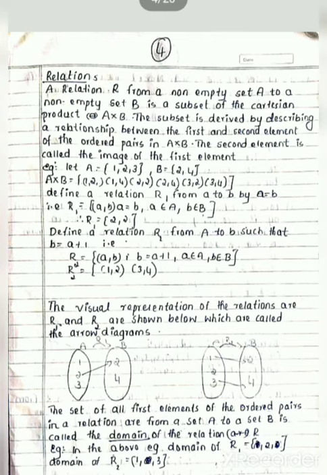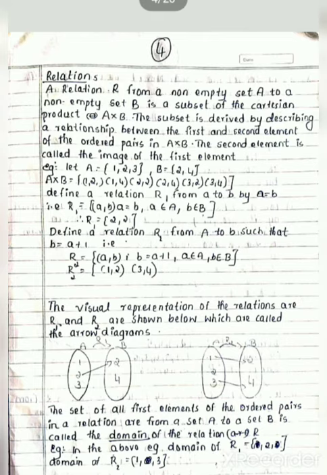Okay. You know what is a set? A set is a well-defined collection of objects. What do you mean by non-empty set? Non-empty set means the set is not empty, means some element should be there in the set. And ordered pairs. What are ordered pairs?